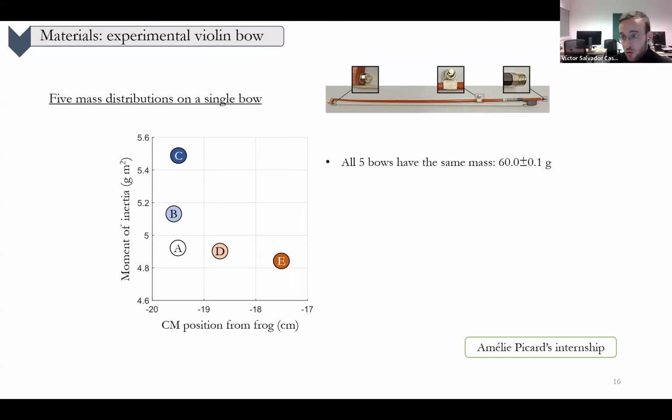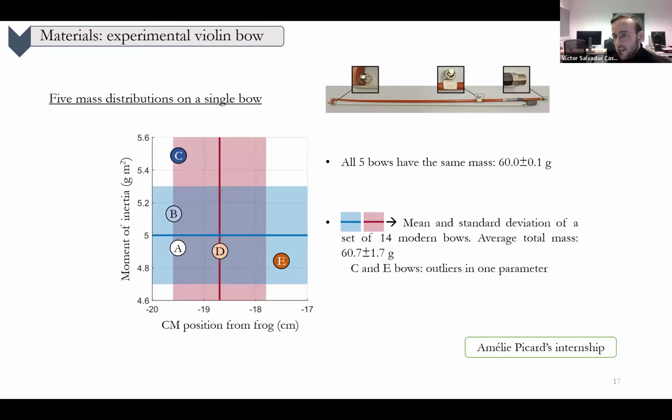So we have 5 bows. A, B, C will be bows that are changing in the moment of inertia, but they all have the same total mass and the same center of mass position. And bows A, D, and E will have more or less the same moment of inertia and different positions of the center of mass.